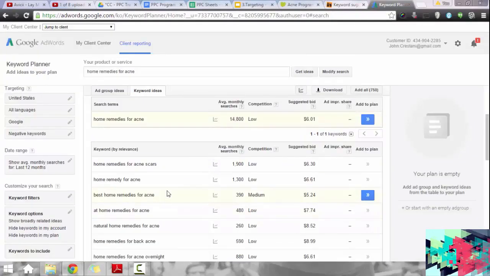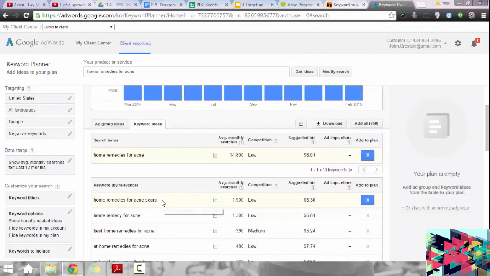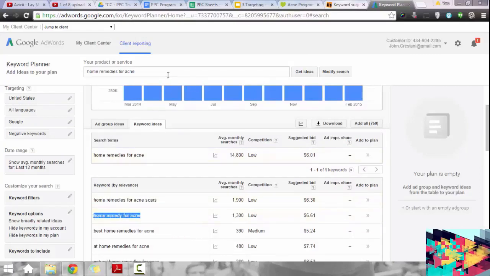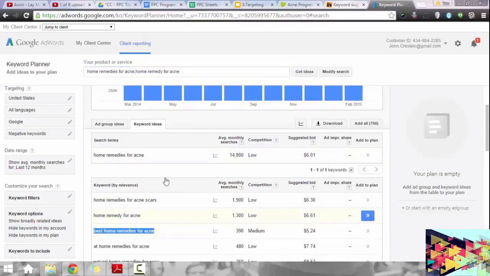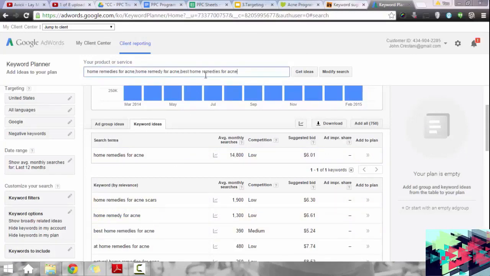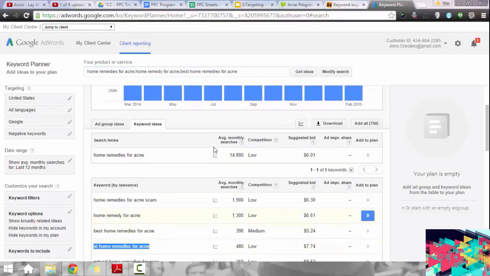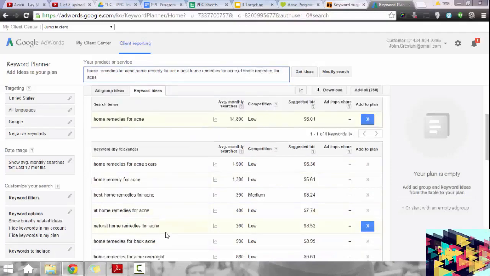At home remedies, natural home remedies. Home remedy for acne, because we're not going after scar related stuff, so we're just going to focus on the broader version of home remedies, at home remedies for acne.